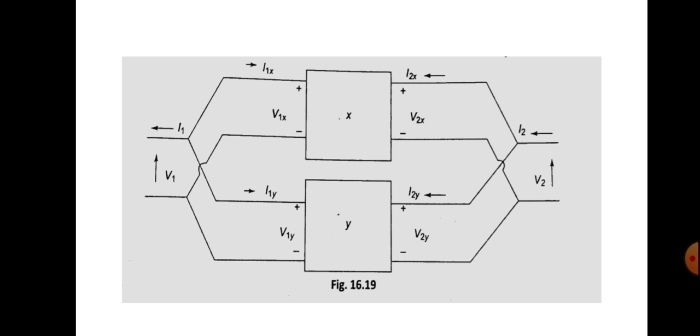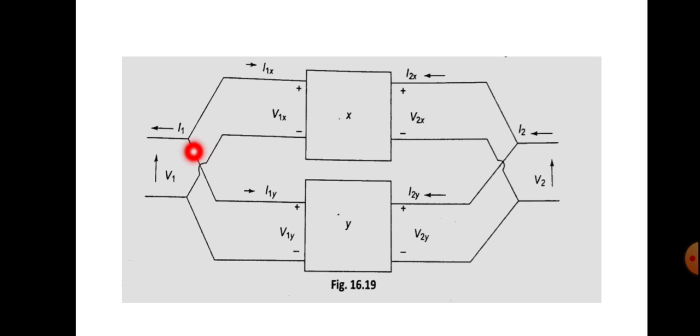What is the I1 equation? In the case of parallel combination, I1 is the current through this port and the current through this port. What is its equation? It is I1x and I1y, so it's a sum. In the case of parallel combination, I1 will be the sum of I1x and I1y. Here the sign is reversed because the symbol is not correct here; I1 should be flowing inwards.